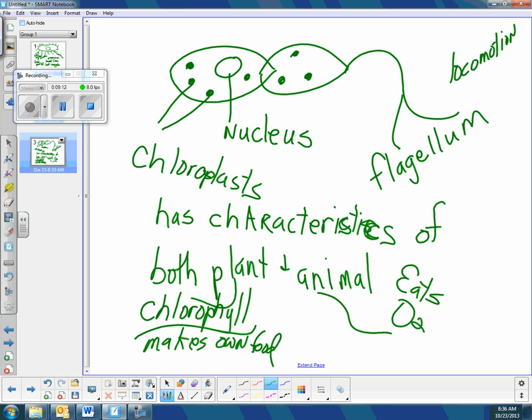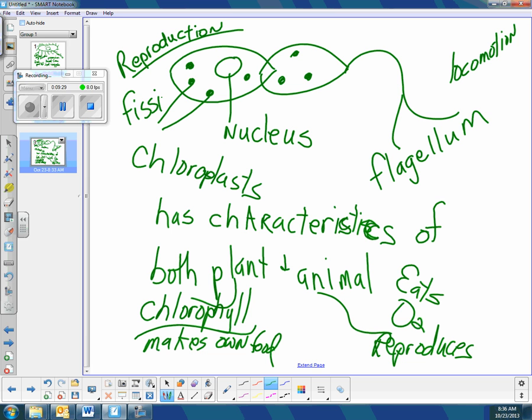It also reproduces like an animal, which means this method of reproduction for this animal is fission, asexual. And the flagellum, it moves. I mean, when's the last time you saw a plant moving across the floor? Not too often, right, guys? So it also moves like an animal.